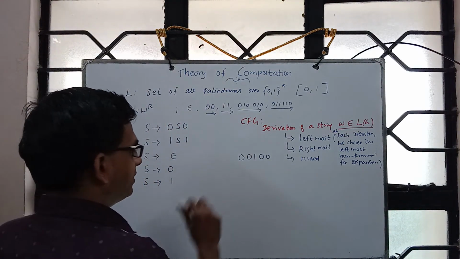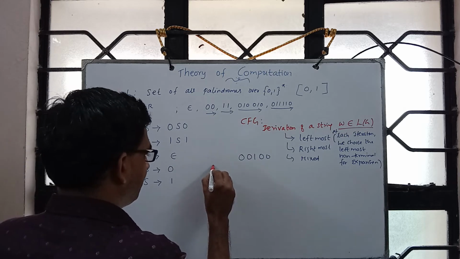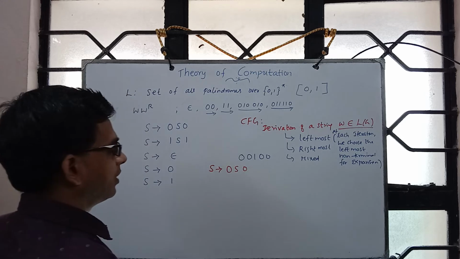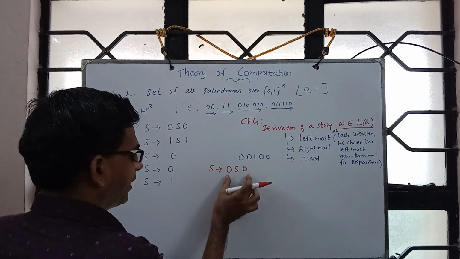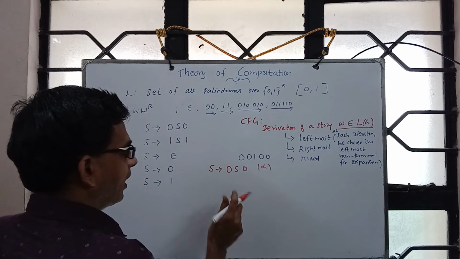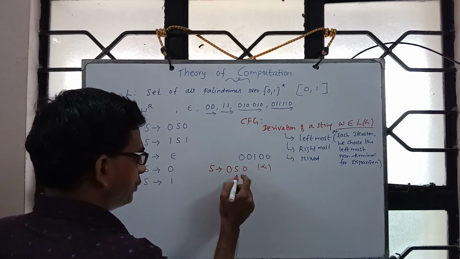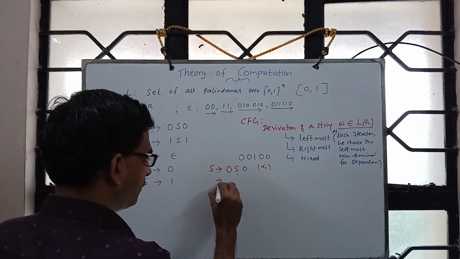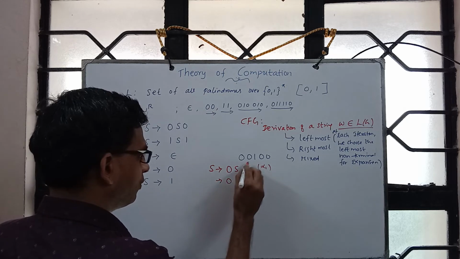Let's look at this. So let me start from S implies this. Now we have this as our alpha 1, and in this we choose the leftmost one. Of course you find exactly one, so therefore we choose this and go for expansion.